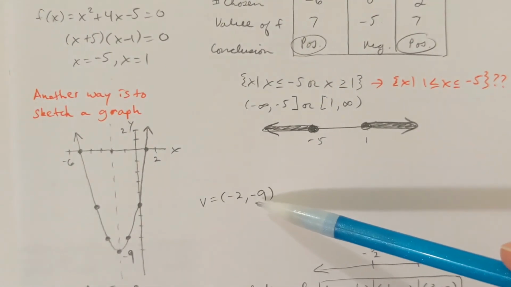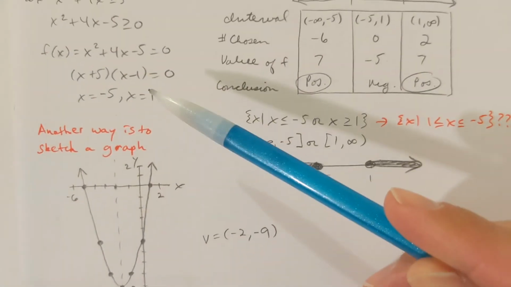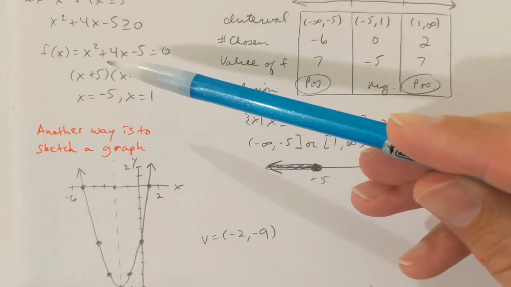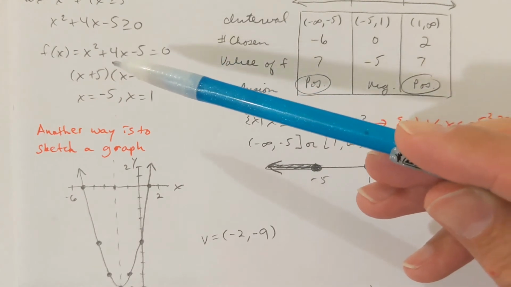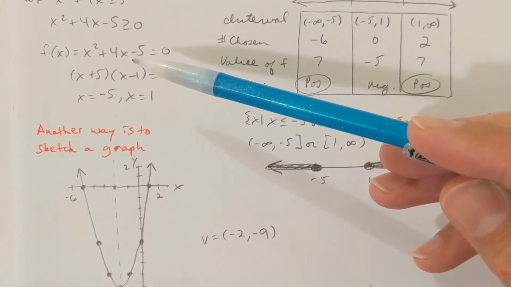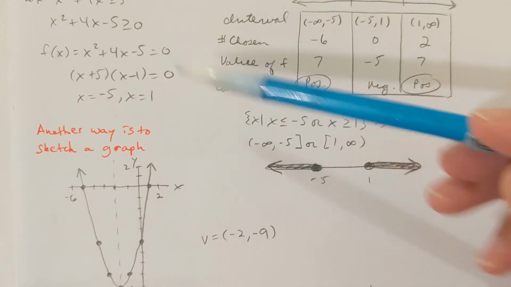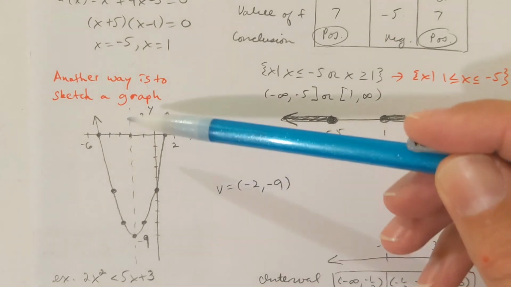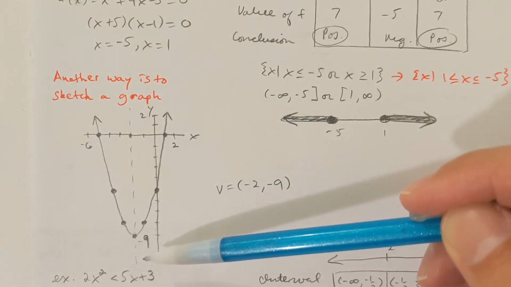Okay, so negative 2. And then if I plug in negative 2 for x into the function, negative 2 squared is 4, minus 8 is negative 4, minus 5 is negative 9. Okay, so negative 2, negative 9, and I've drawn an axis of symmetry also.